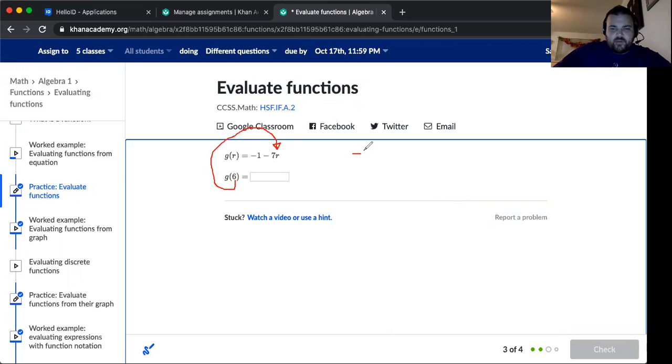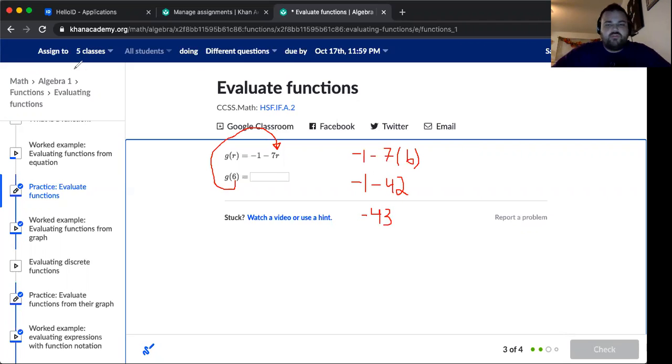We end up with negative 1 minus 7 times 6. Follow the order of operations. I'm going to bring down the negative 1 minus the 7 times 6. That makes 42. And you get an answer of negative 43.